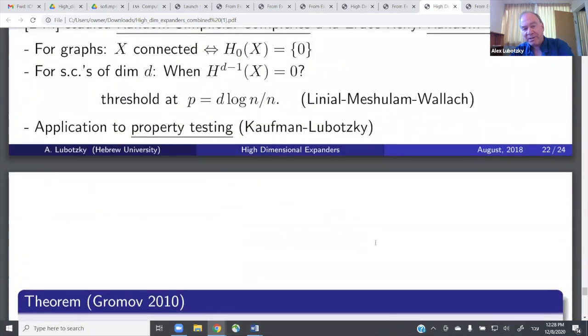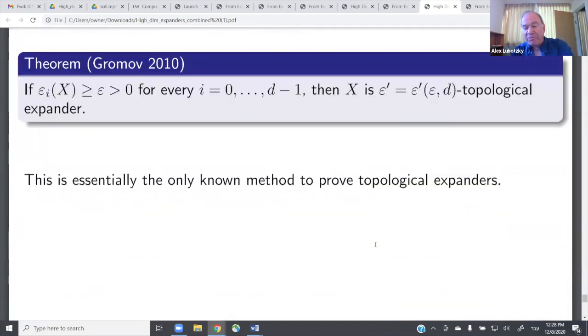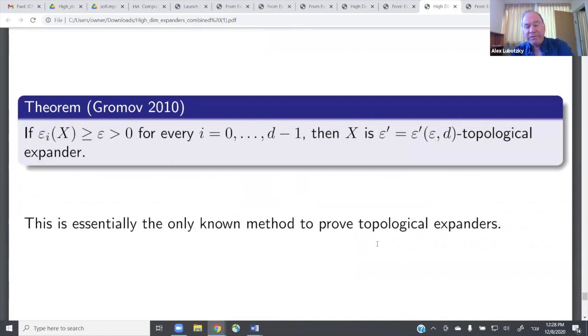But now I can tell you the real theorem of Gromov, the technical theorem of Gromov.